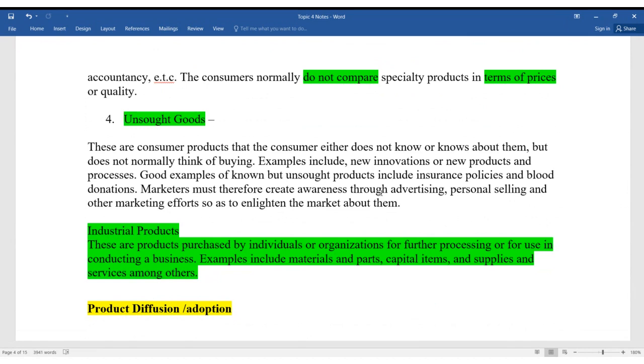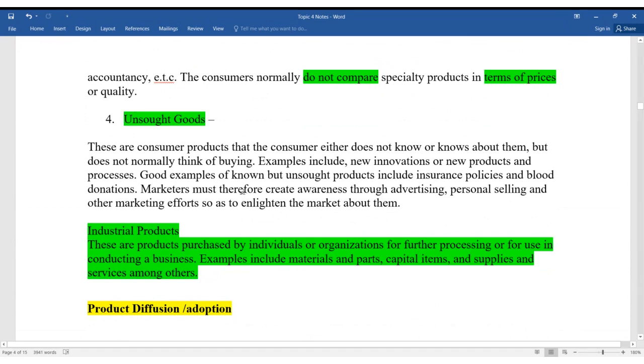Insurance policies. How many of you have insurance policies? We buy them because some of them are mandatory, but ordinarily, customers do not go for them. Dead stock. Products that no one wants to actually buy.